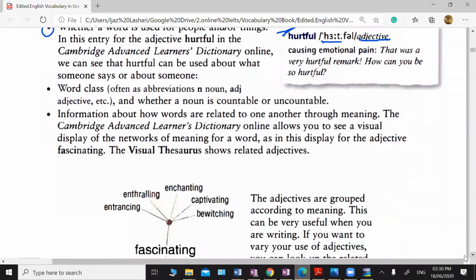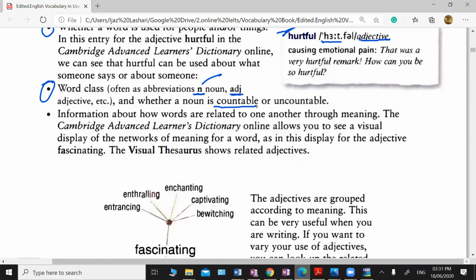The next thing is word class, often as abbreviations like N or ADJ. N means it's a noun, ADJ means it's an adjective, and whether a noun is countable.